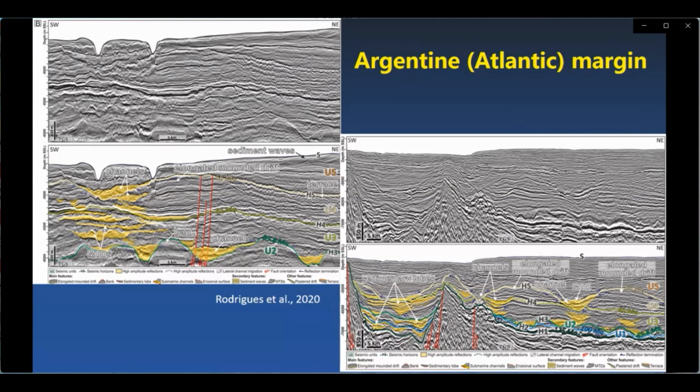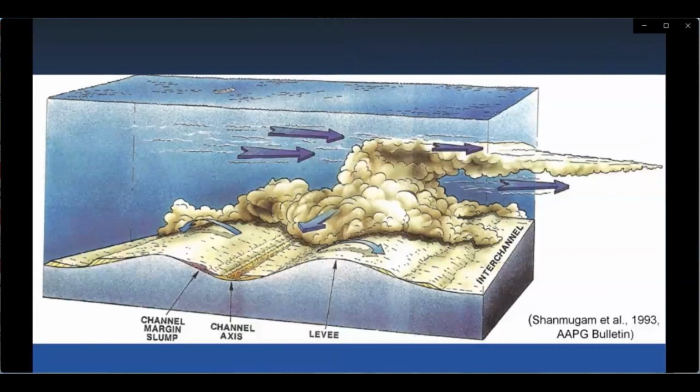We can also see the migration of the channel is related to the development of the drift. This is a general model for the mixed systems. Generally, the bottom currents could transport the fine sediment from the upstream to the downstream.